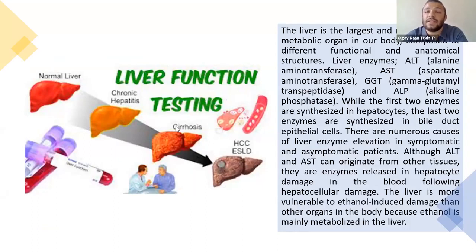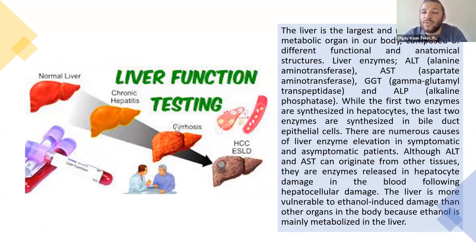The liver is the largest and most important metabolic organ in our body, composed of different functional and anatomical structures. Liver enzymes: ALT, AST, GGT, and ALP.